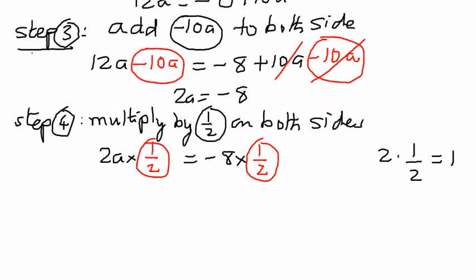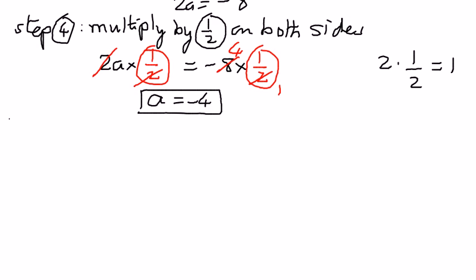And therefore now, as you can see, the 2's in the numerator and denominator cancel out, and we are left with a on the left hand side, which is equal to negative 8 over 2. 8 is a multiple of 2, 2 times 4 is 8, and therefore the value of a is equal to negative 4. We got the value of a.